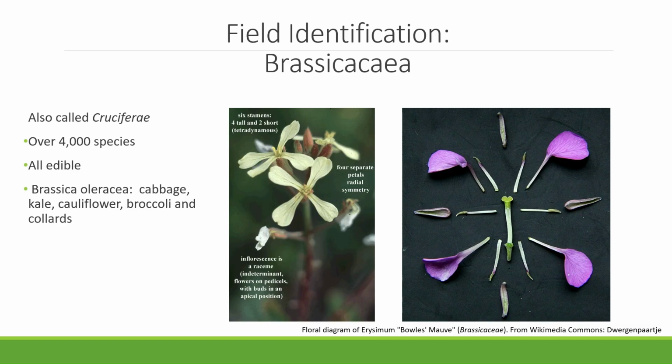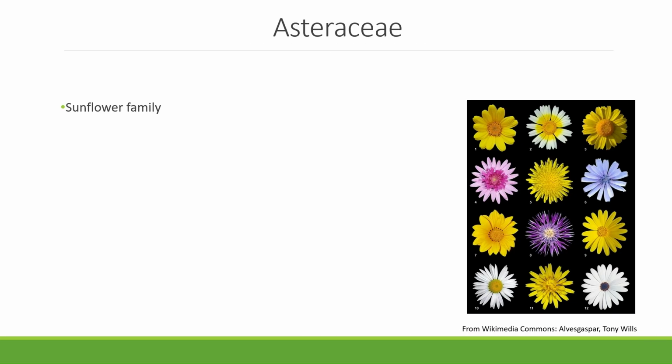And if you look at the image on the right, where each of the plant parts are separated, the stamens, you'll note that four of them are tall and two of them are short. And this sort of radial symmetry and fixed number of parts is typical of many eudicot families, and it helps confirm classification.